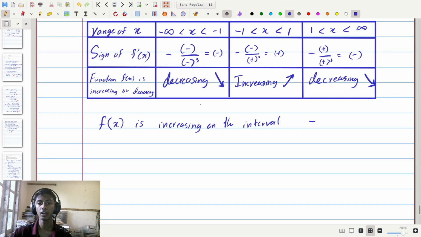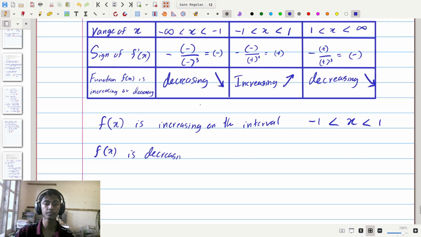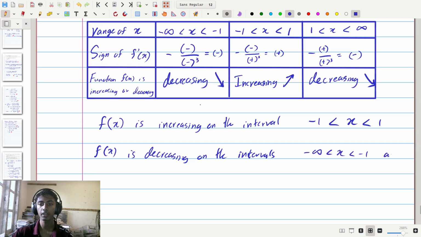So we can say negative 1 less than x less than 1, and f x is decreasing on the intervals negative infinity up to x equals negative 1 and x equals 1 up to positive infinity.